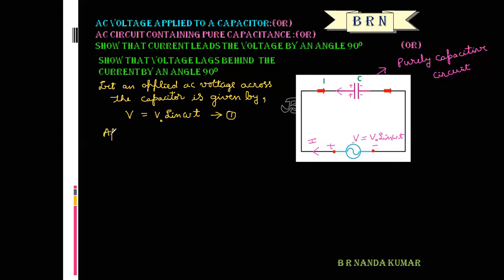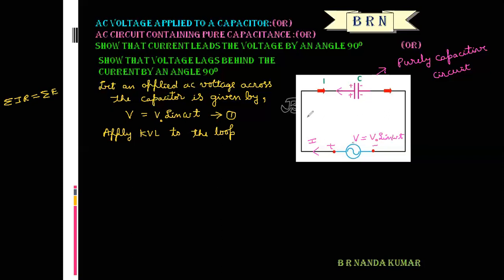Now apply Kirchhoff's voltage law to the loop or mesh. According to Kirchhoff's voltage law, in a mesh of an electrical network, the algebraic sum of the product of current and resistance in different parts of the mesh is exactly equal to the algebraic sum of EMFs in that mesh.